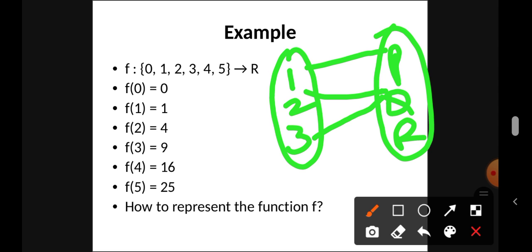This is a function. For every element in A we have an element in B. But here suppose we have another relation like this, then we cannot say this is a function, okay.